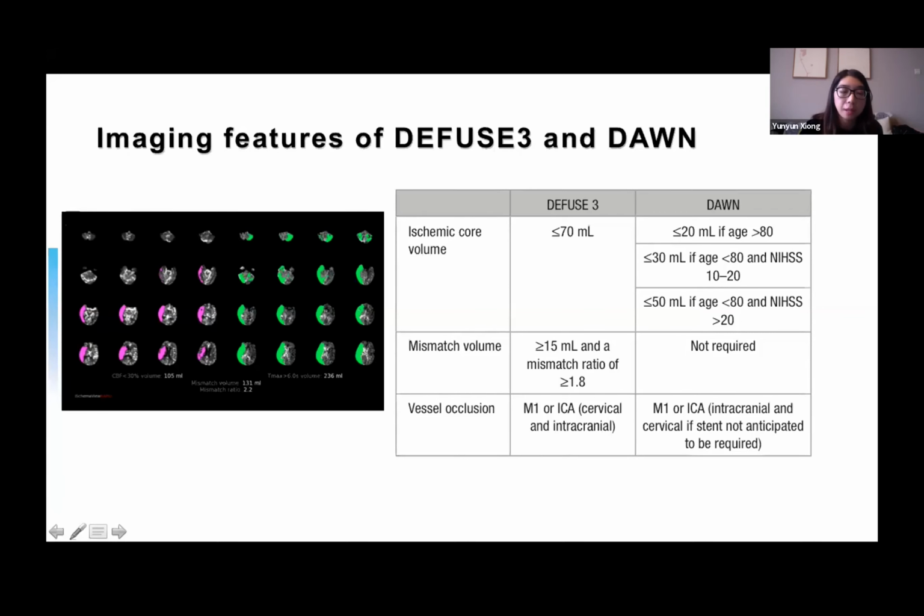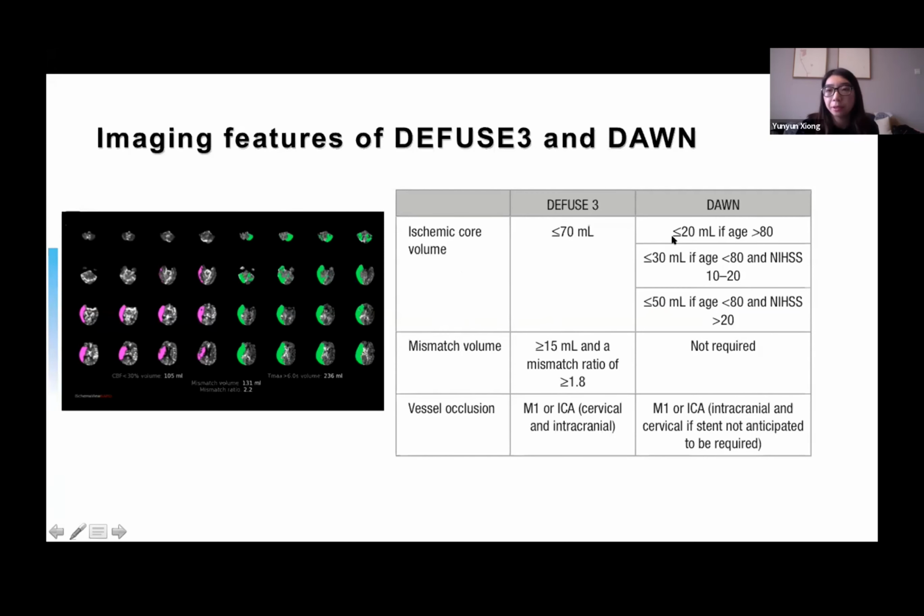If we use the hypoperfusion volume minus the core volume, we get the mismatch volume. If we use the hypoperfusion volume divided by the core volume, we get the mismatch ratio. So DEFUSE-3 was based on the RAPID CTP software to select patients into the clinical trial.